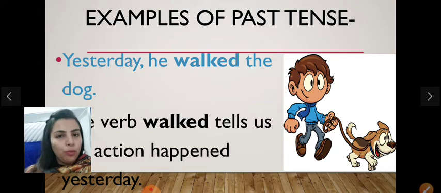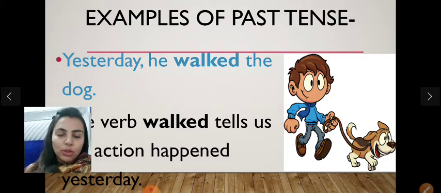What is the verb here? Walked. Walked tells us the action which had happened in the past. That means he walked his dog yesterday. So this verb walked tells us about the action which happened in the past.